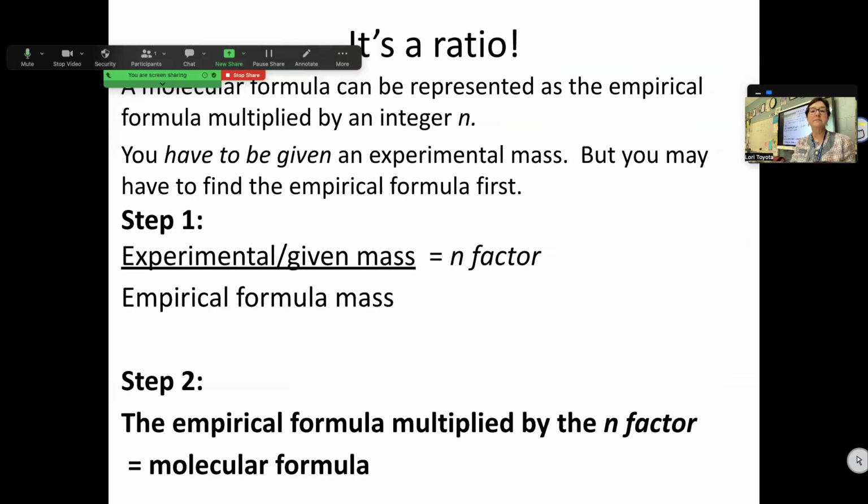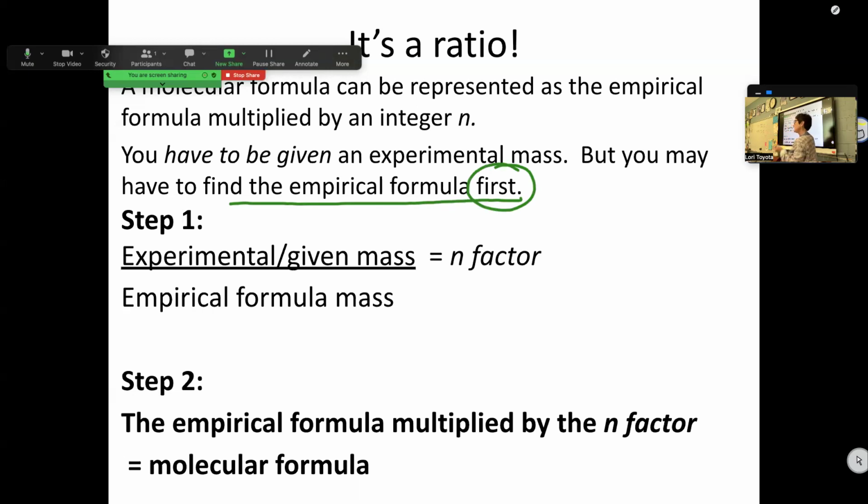If I can get to the thing. So it's a ratio. You have to either be given this experimental mass, or in practical terms, we'd be in the lab and we would find it. That's kind of what we'll do when we do our lab next week. Sometimes you may have to find the empirical formula first.